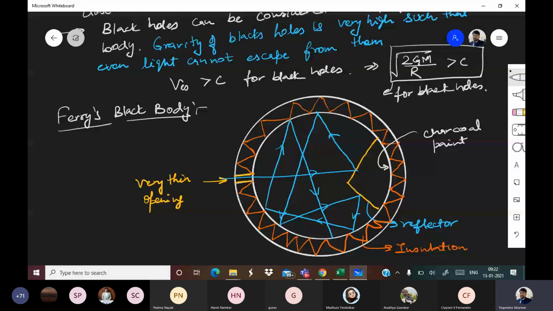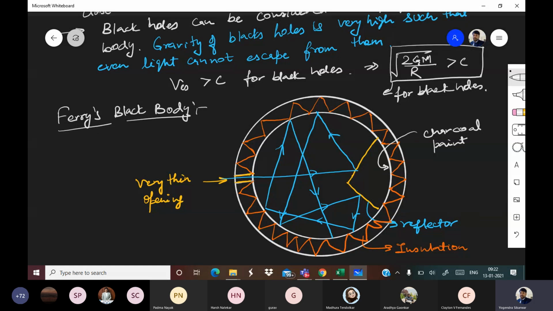So that reflection is continuously happening inside. In each reflection, as the surface is charcoal painted, heat is getting absorbed during every reflection. So after every reflection, the intensity of heat left with the ray is decreasing.